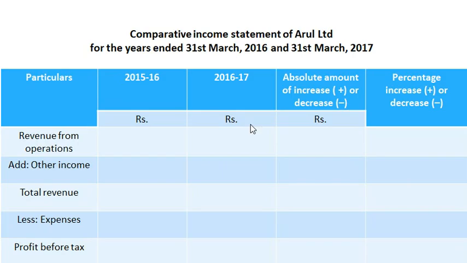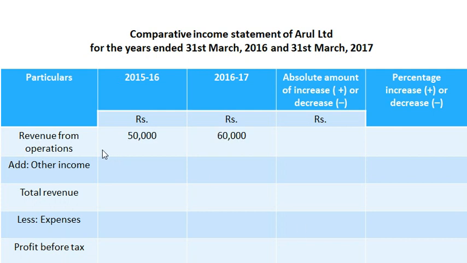This is the format for the comparative income statement of Arul Limited for the year ended 31st March 2016 and 31st March 2017. In the particulars column, we have to add revenue from operations with other income, which will become total revenue. From the total revenue, we have to deduct expenses, which will become profit before tax.